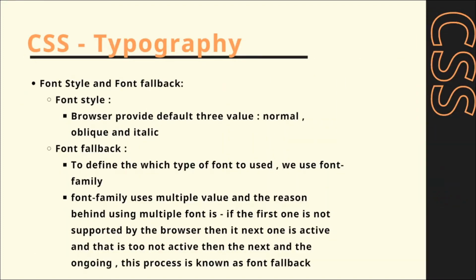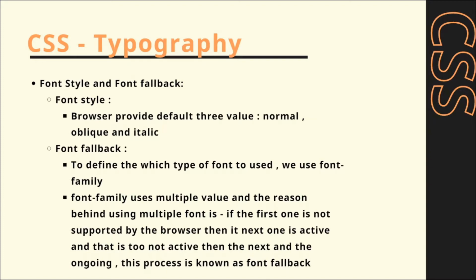Moving on to the next topic, font style and the font fallback. Browsers provide three default values for the font style. These include normal, oblique, and italic. To define which type of font to use, we use font family.